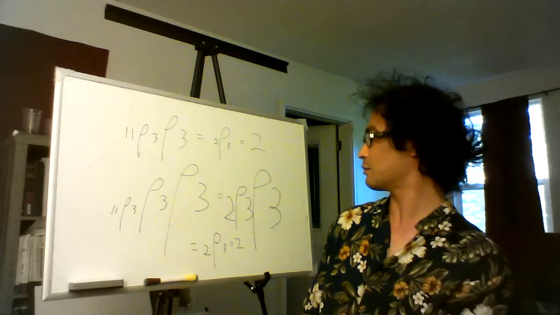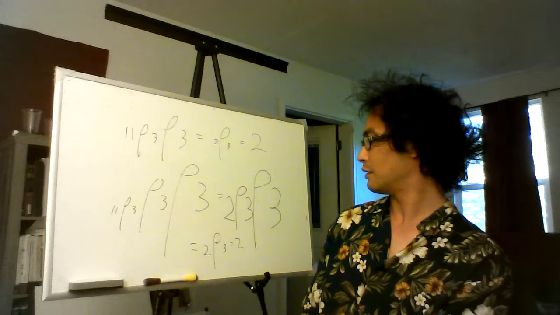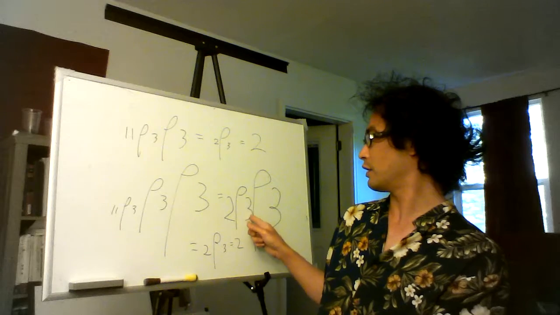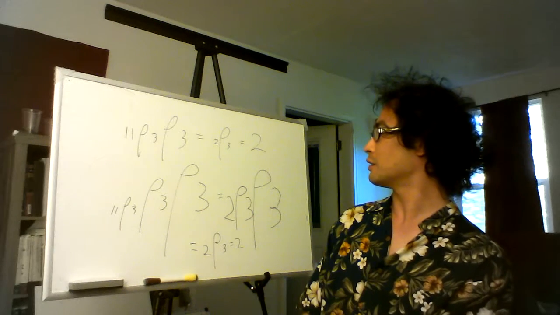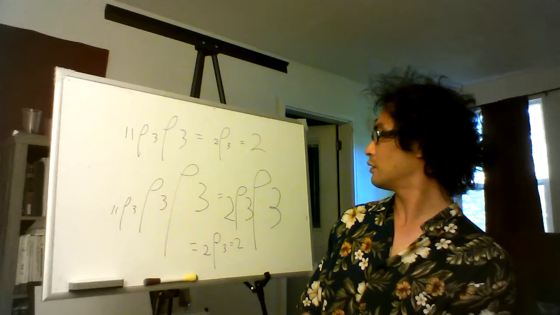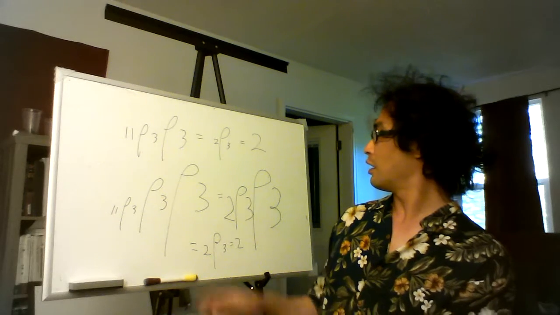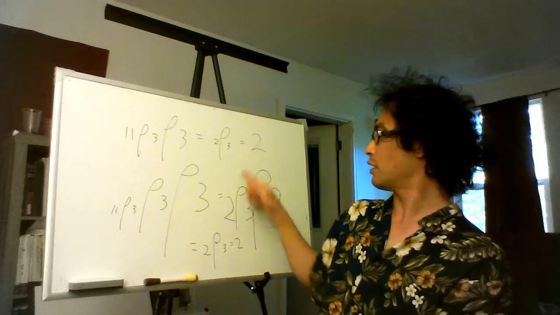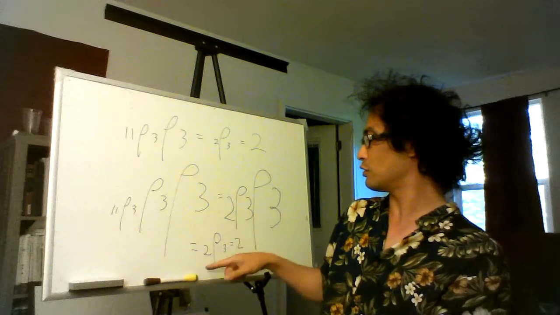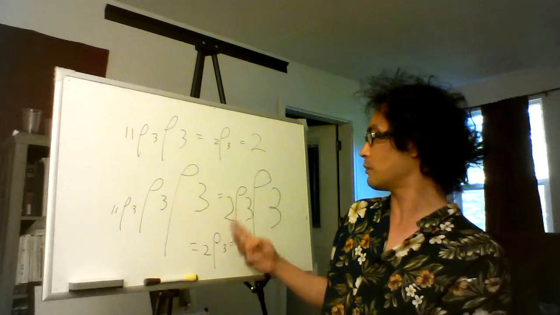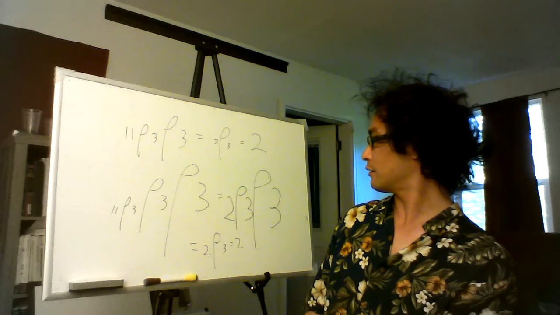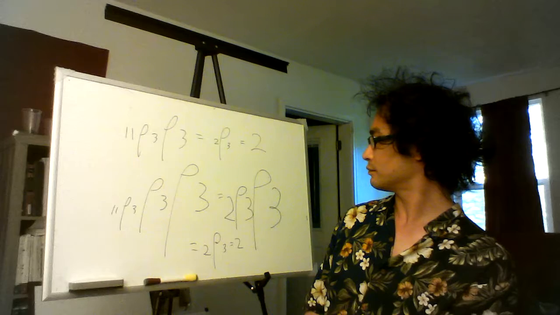I guess I skipped one step. No, I didn't skip any step. You have two equal signs here, so 2 steps. You have 3 equal signs here, so 3 steps.